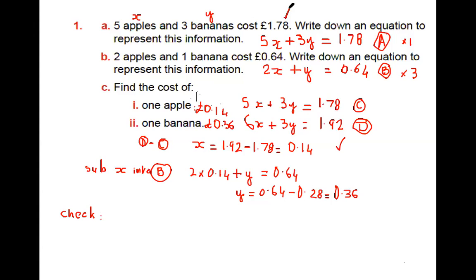Bingo, that works. And I do the next one, 2 times 0.14 plus 0.36 equals 0.64. Good.